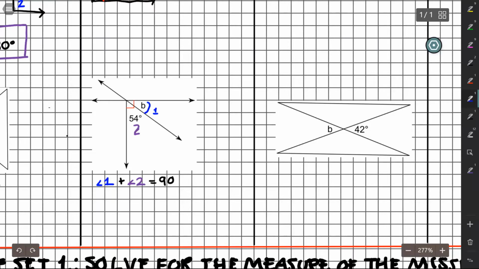So instead of angle 1, I'm going to write B plus, instead of angle 2, I'm going to write 54 equals 90. And now I'm going to solve for B. And to get that by itself, I'm going to subtract 54 from both sides.